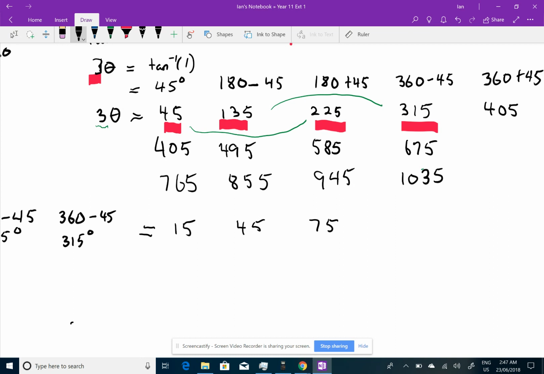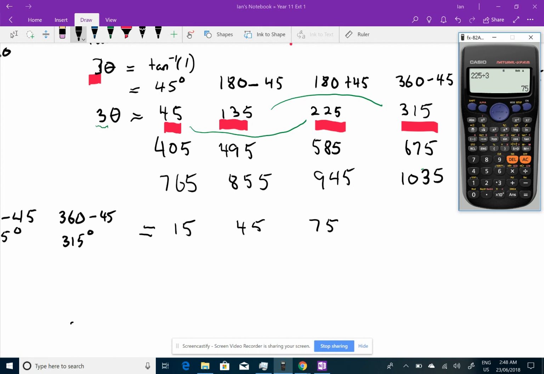Yes, because the gap between the 2 is 180, so the gap between the 2 now, if I divide by 3, will be 60. This gap here is just 30. So let's have a look at the next one. It should be 60 more than this 45. It should be 105. Let's just check. 315 divided by 3, 105.